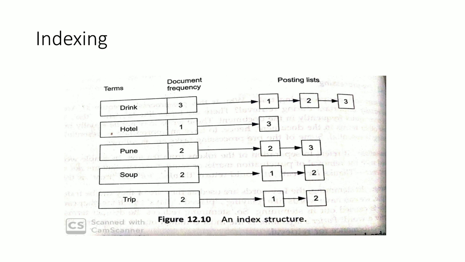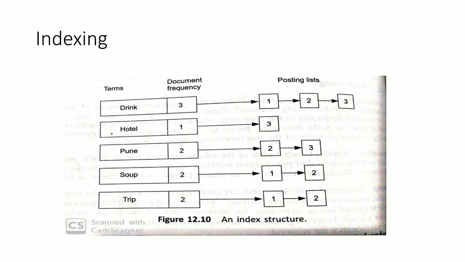Then how can we extend this? If there is a collection of documents, the word drink may be present in more than one document, so that will be considered here at the right side. The word drink is present 3 times in the documents, with document indexes 1, 2 and 3.